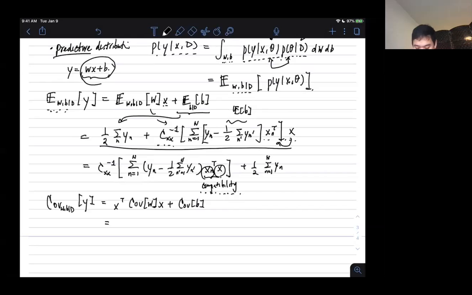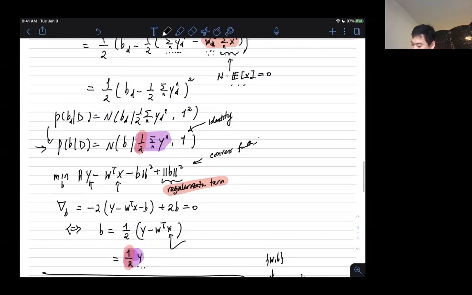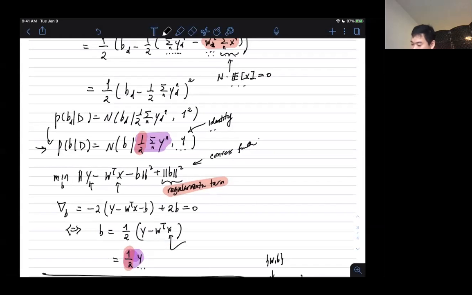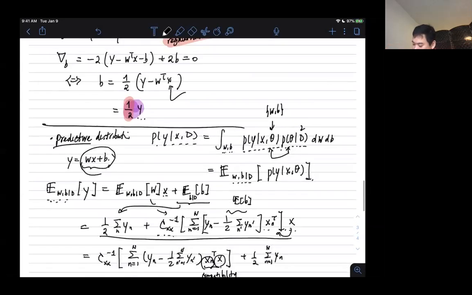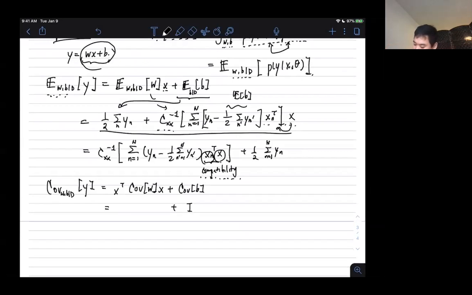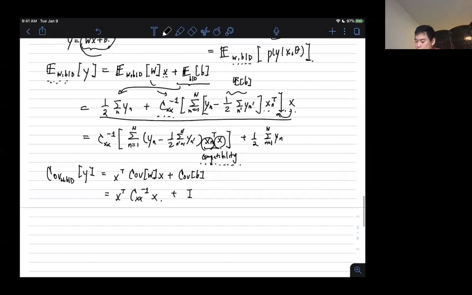And what we know is that the covariance of b was just identity, so we looked at it already here. Covariance of b was just identity. And what was the covariance of w? It was Cxx inverse.